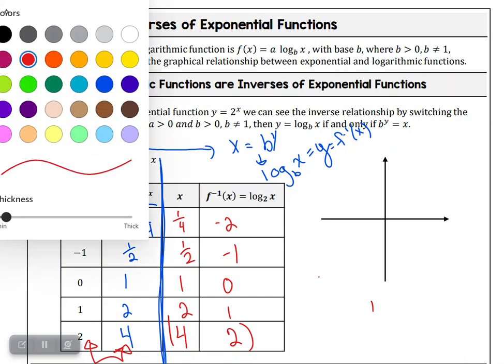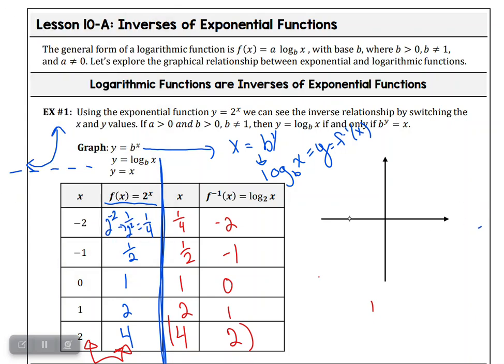Now if I start making my graph and putting the points, -2, 1/4 is there, -1, 1/2. We talked about that anchor point being 0, 1, and then 1, 2, and then 2, 4. We can see that shape happening.